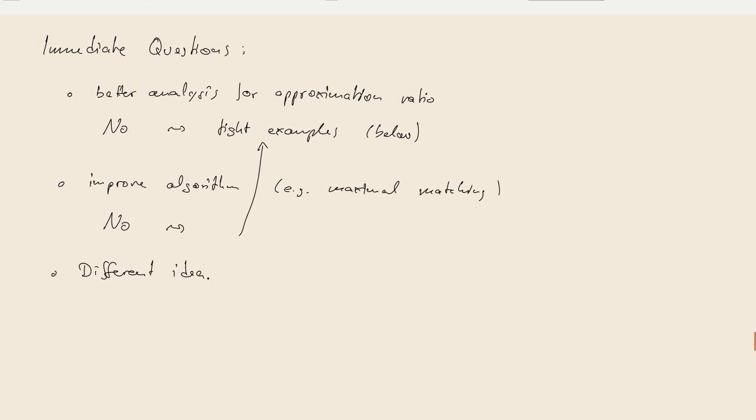So that means if you want to improve that approximation ratio for vertex cover, you need a different idea for a lower bound for the vertex cover size. And that's actually an open problem. It's up to now not proven either way.